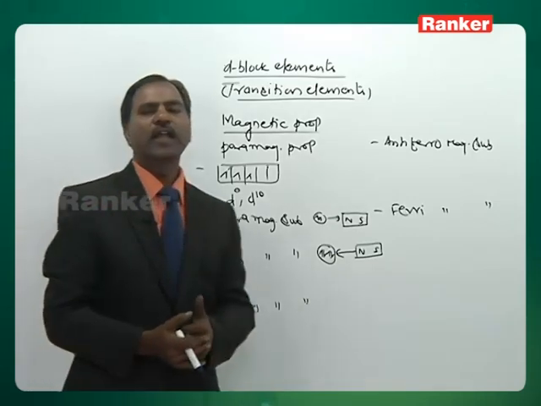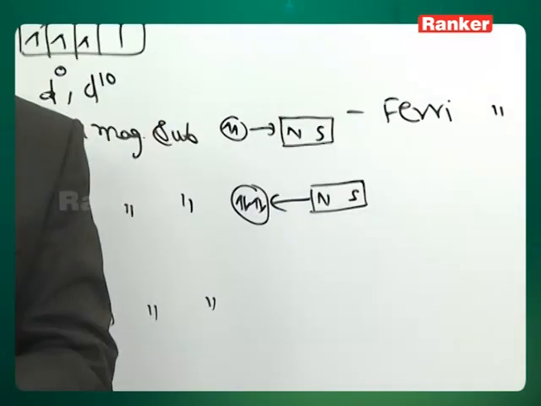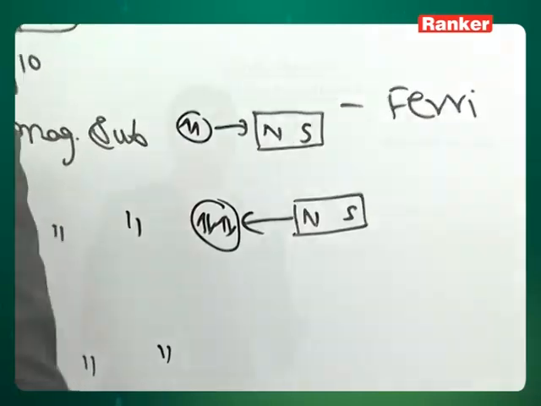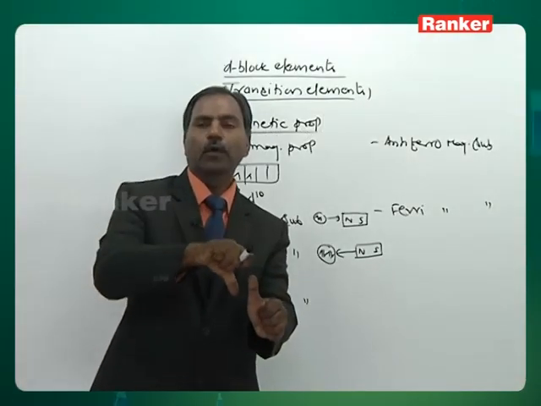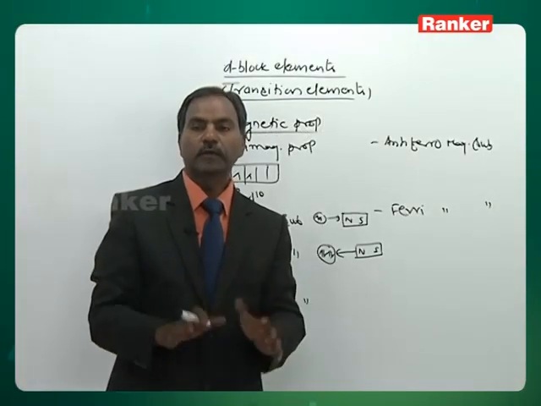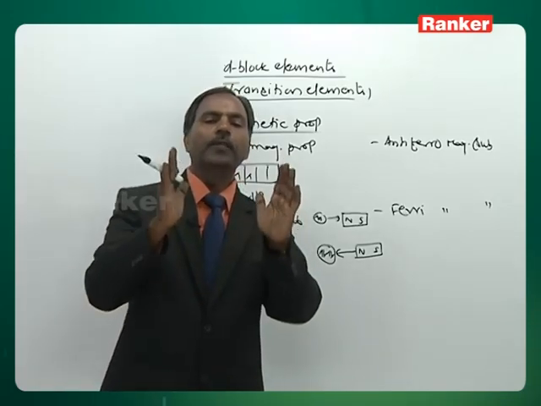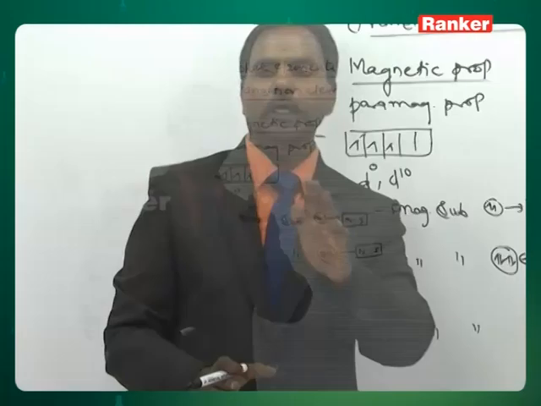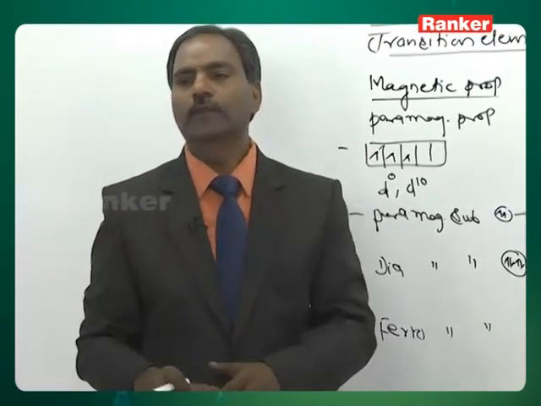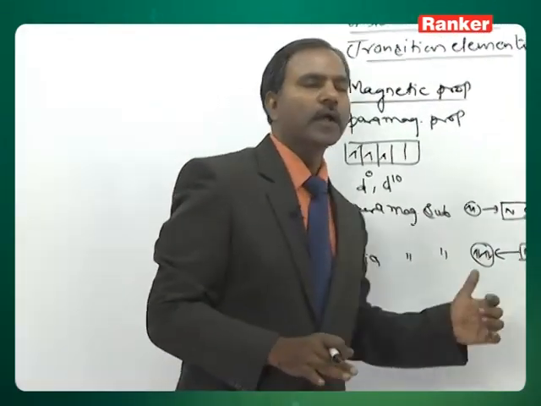Next, coming to diamagnetic substance. Why is a diamagnetic substance repelled by the magnet? When spin is 0, it should not show any response. According to the number of electrons and pairing of electrons, we cannot say it is diamagnetic.